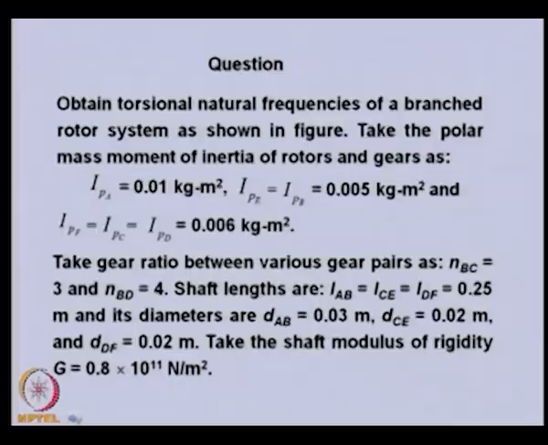Now, we will take up another example, for a branch system. The same element equation for a gear pair can be used for analyzing the branch system also. So let us see that particular example.